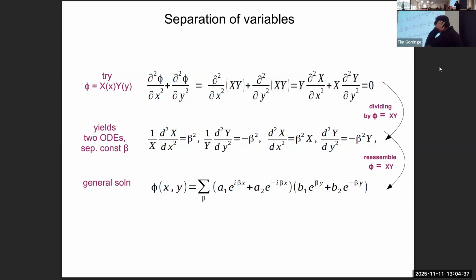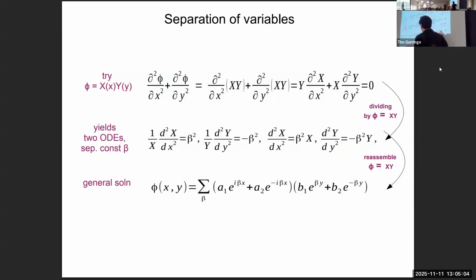And if you look at this general solution, it's a product of some function of x, that's the solution of the first ordinary differential equation, and some function of y, that's the solution to the second differential equation. In the exponents here, you see the separation constant, the betas.